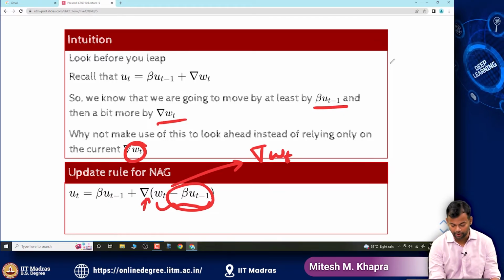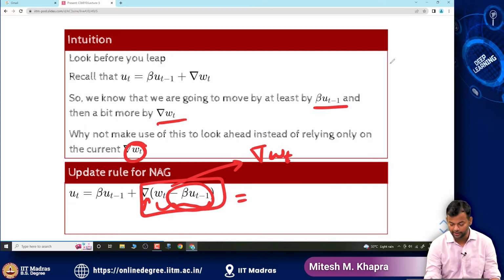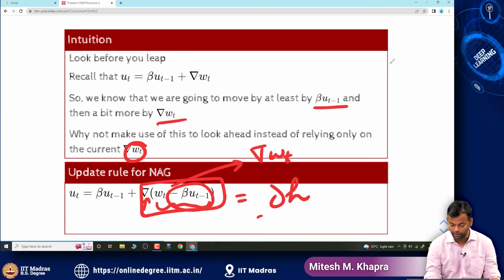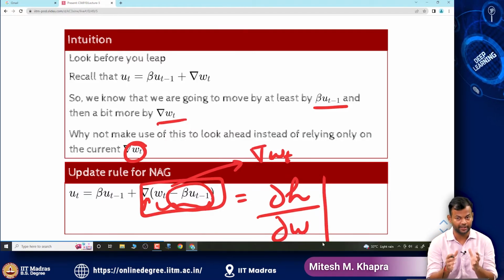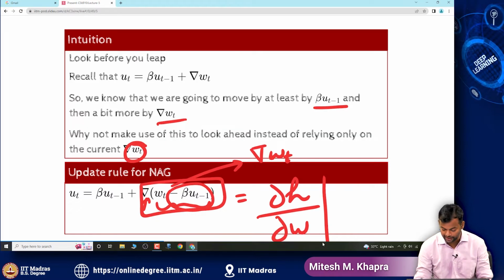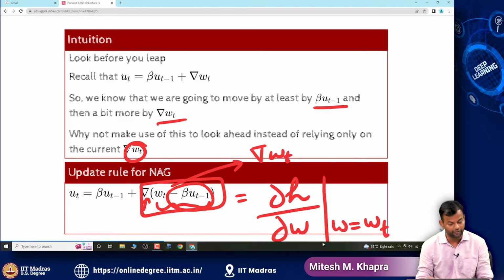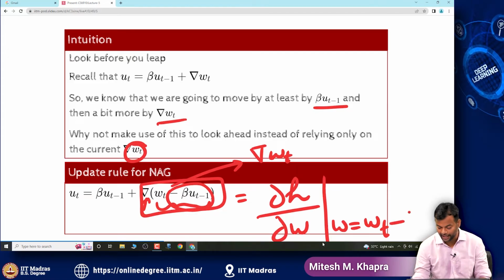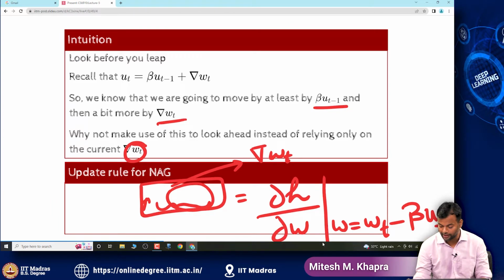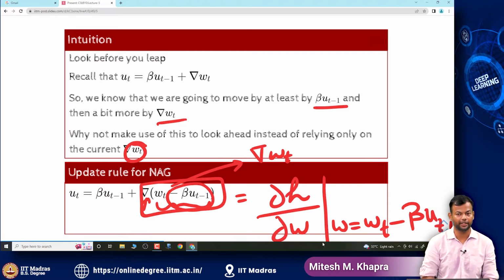Remember this symbol here means the derivative of the loss function with respect to w evaluated at whatever is inside the bracket. Earlier inside the bracket we had wt. Now instead of wt we'll evaluate it at the partially updated value, which is the wt value minus the history which I have already moved by.